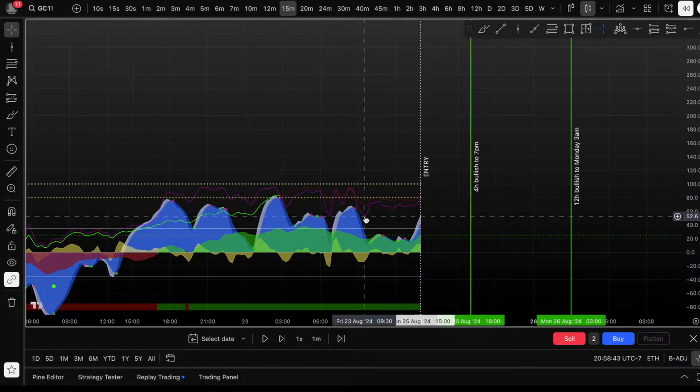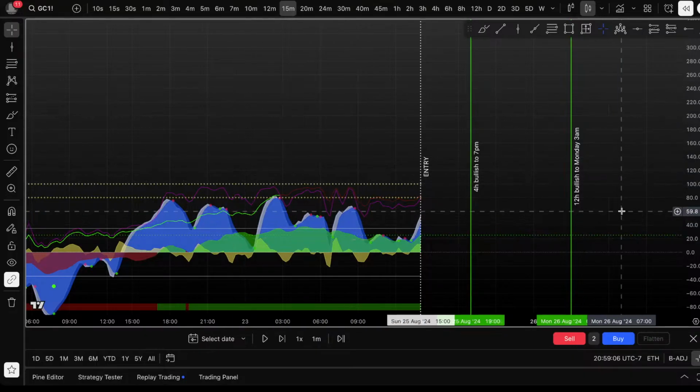This is how we use MarketCipher to trade. We ride the waves. If MarketCipher isn't showing some kind of trend reversal, then we keep riding. That's what we're doing.